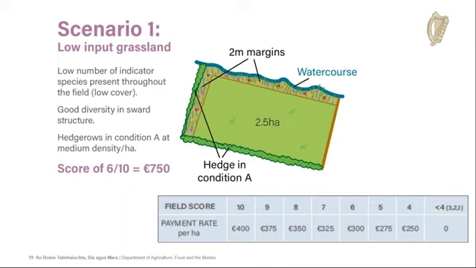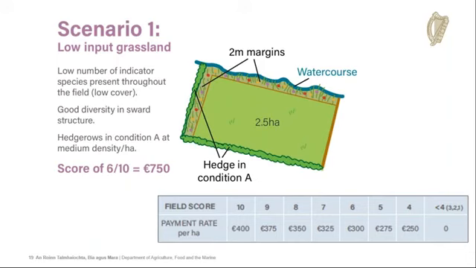There's a low number of indicator species present throughout the field, and a low cover of those species, so they're not readily found as you walk through the field looking for them. The field is more grassy with few indicator species. But the diversity in sward structure is good. Maybe it's had some mixed grazing, and it's grazed on a longer rotation.